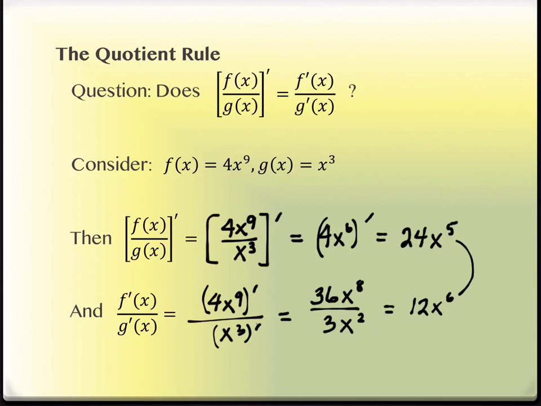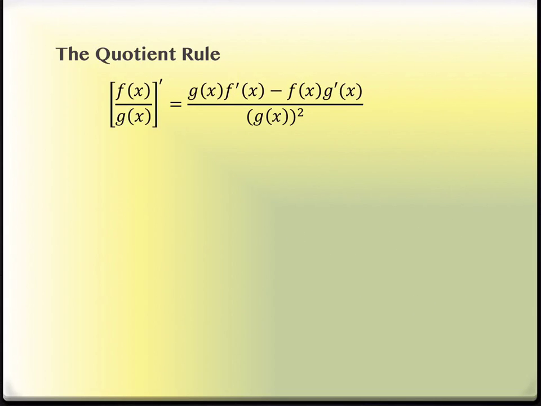And just like before, we do not get equal quantities. So, is this a correct statement? No. I can't just use the quotient rule as I would like, just like the sum and the difference rule. This doesn't work. So we're going to try it properly now. This is actually the quotient rule.